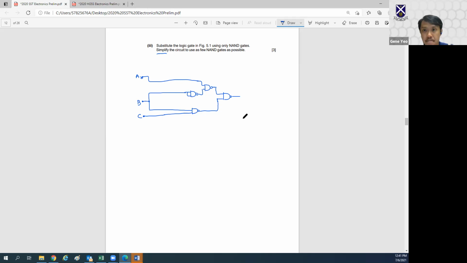Any questions? Basically, to solve this problem, first of all, you need to be clear about the universal gate equivalent of a NOT and OR gate. Once you know that, you take it gate by gate and replace it gate by gate. After that, to simplify, you just look at where you have a NAND directly in front and back of each other, and those two you can just strike off.